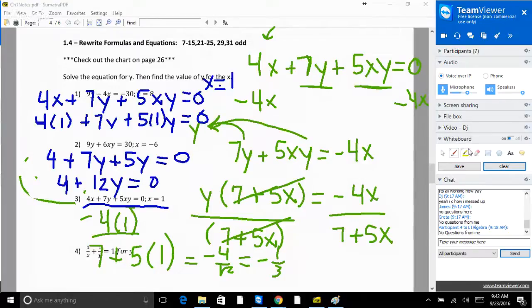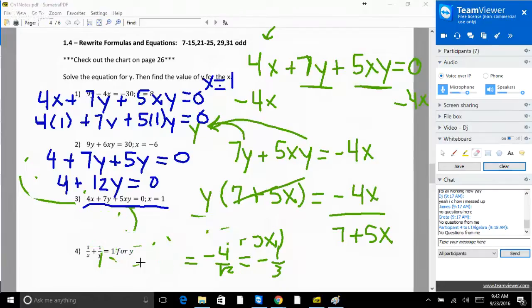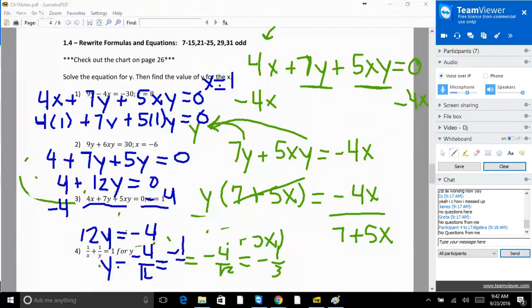Man, I'm running out of room all over the place. I usually like to keep things neater than this. Sorry for this, guys. Okay, so I need to send 4 to the other side. And then I have 12y equals negative 4, or y equals negative 4 divided by 12, or negative 1/3.